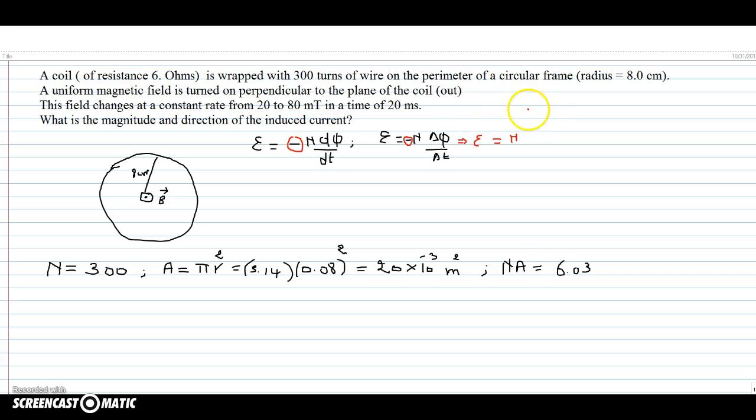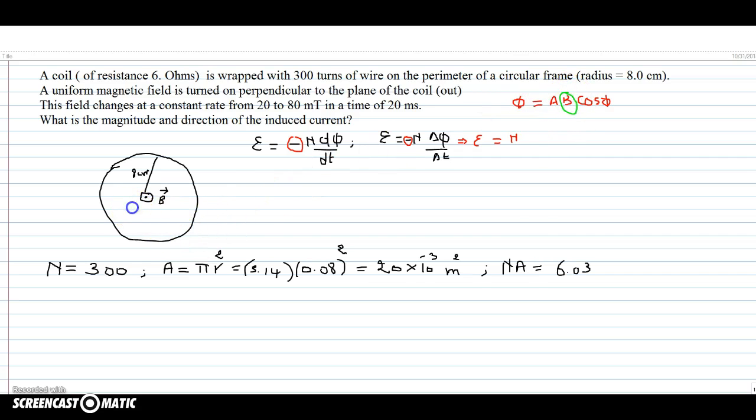The flux phi is A, the area, times B, times cosine theta. Now if we differentiate, we ask whether A, B, or the angle is changing. In our case, it is B that is changing.